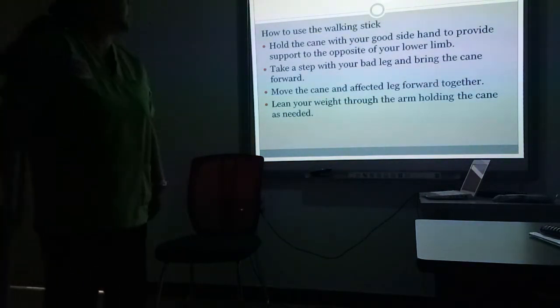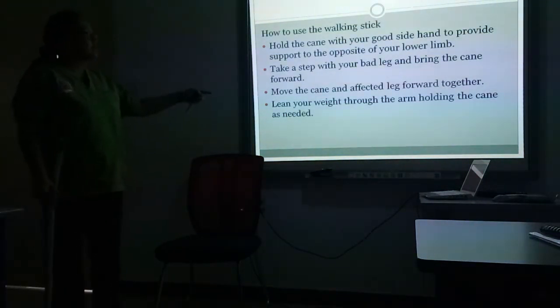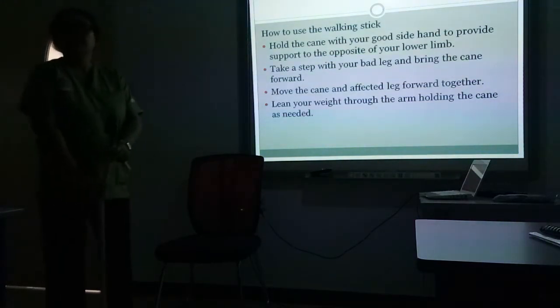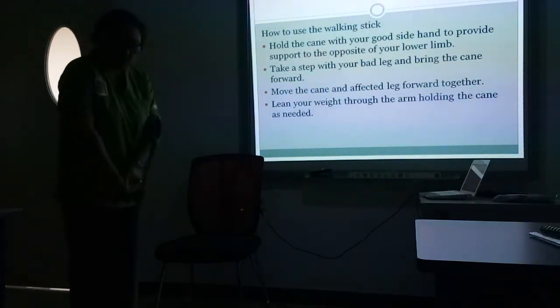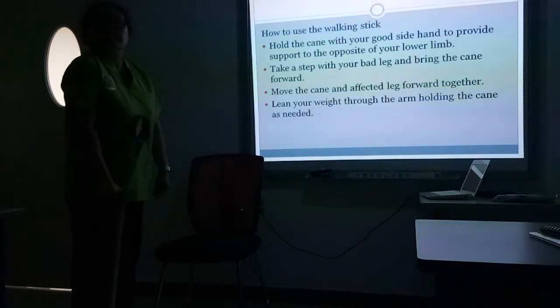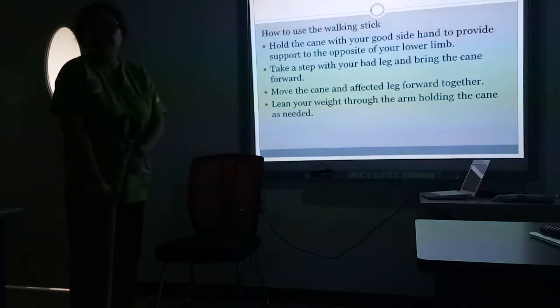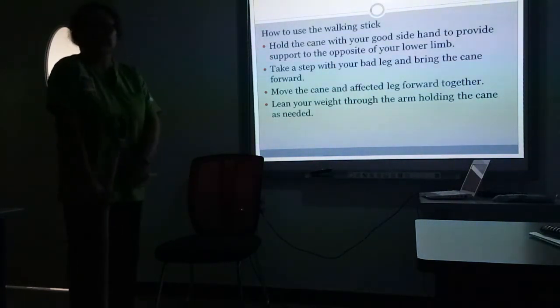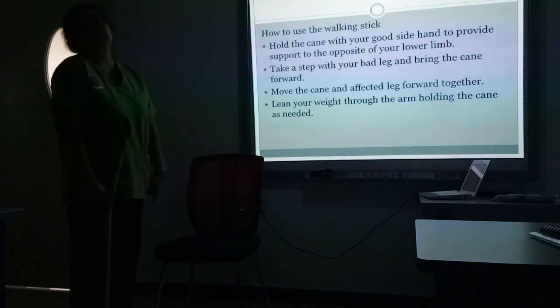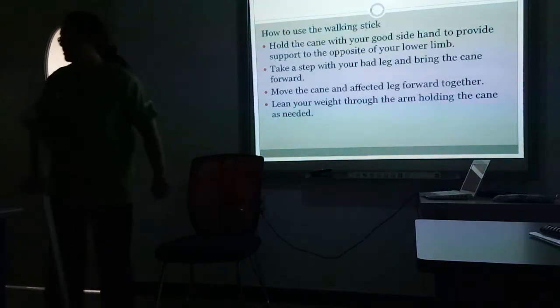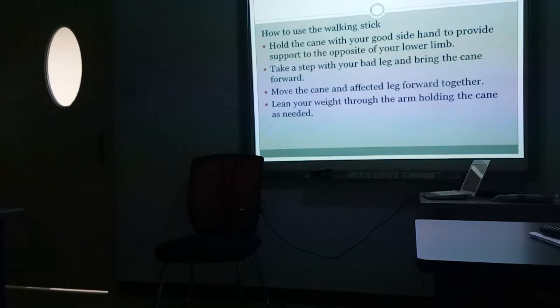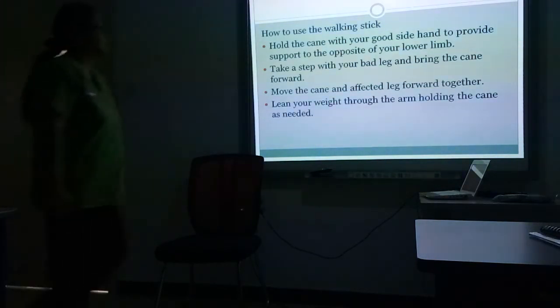Okay? So, yan. Lean your weight through the arm. Itong arm, dito ang weight mo lagi. Para yung weight na distribute from here, mapupunta siya dito. Holding the cane as needed. Next.